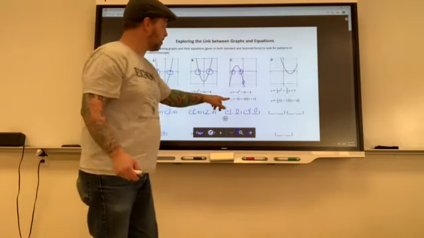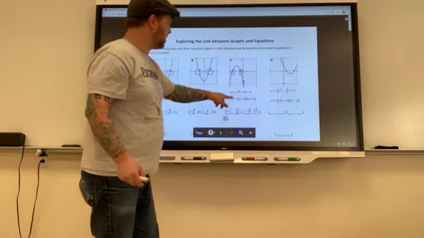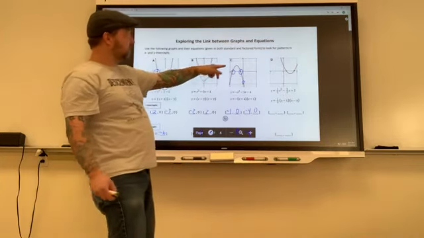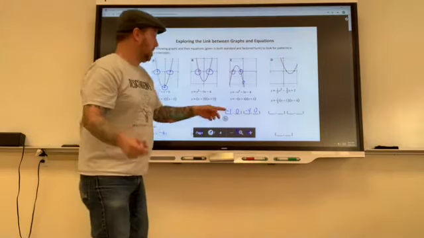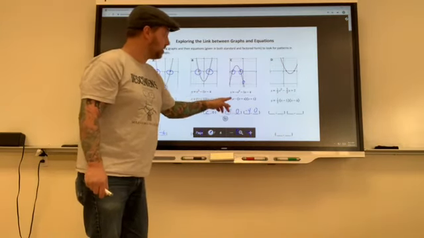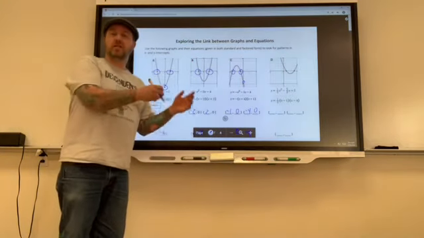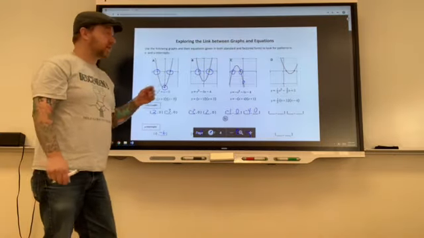Oh, look, this one's upside down. Either way, negative 4 equals 0. Oh, so that's why we've been setting things equal to 0, solving for the x-intercepts.